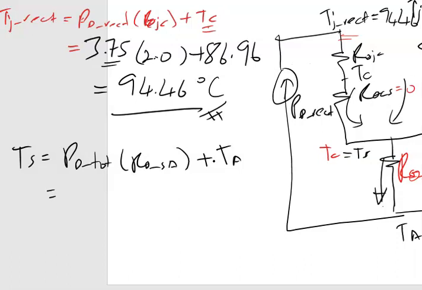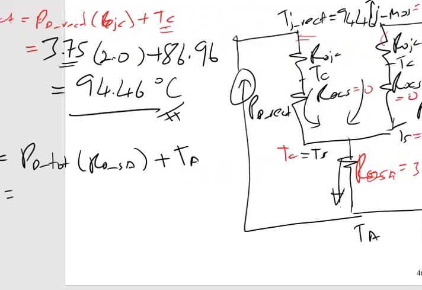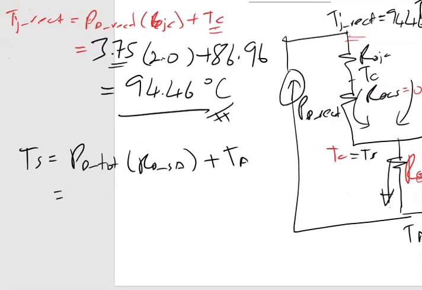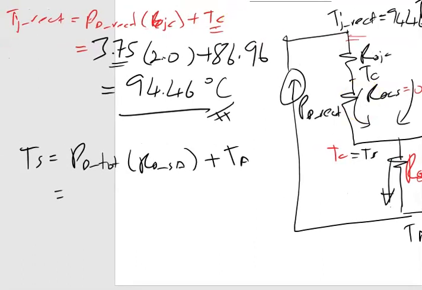So PD total, which comes from MOSFET and rectifier, is equal to thermal SA plus TA. So this is the unknown that we want to find, and you can check using the available heatsink how much the TS is, or we shall check how much heatsink size we require.